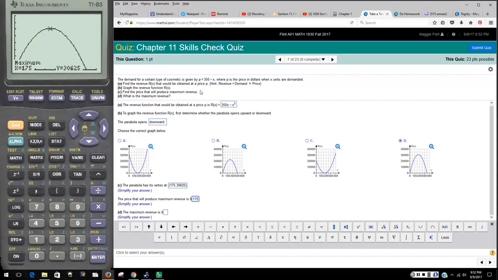And that is obtained by going up here to your price equation. P is equal to 350 minus X. 350 minus 175 gives me the price, because 350 minus X units is the price in dollars. And then the maximum revenue is the Y value, $30,625.